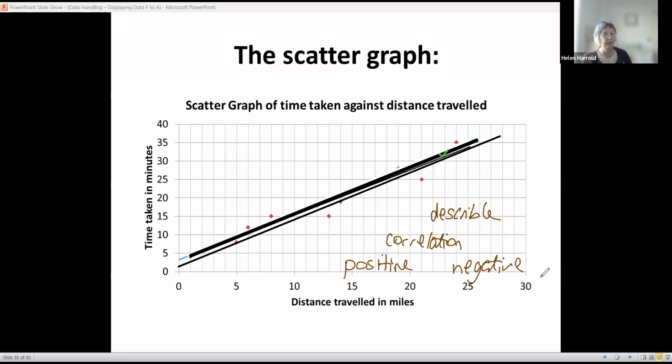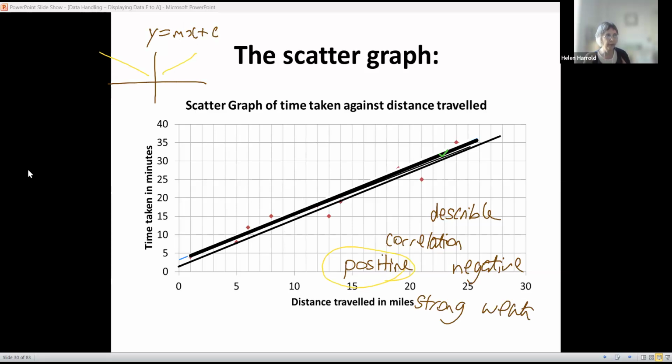Yep. It's the same as when you've got a graph. So a graph is y equals mx plus c. And if you've got lines on a graph that go that way, it's positive. If you've got lines on a graph that go that way, it's negative. So it's the same thing. So it's positive correlation. And then the next thing that you're asked is, is it strong or weak?